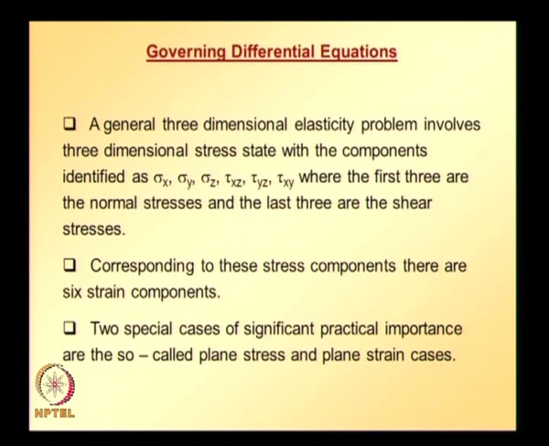So, let us see under what conditions we can reduce a 3-dimensional elasticity problem to a plane stress problem, and under what conditions we can reduce it to a plane strain case.